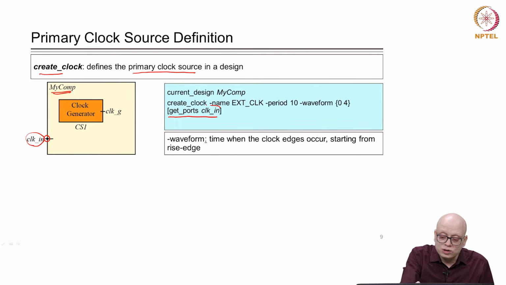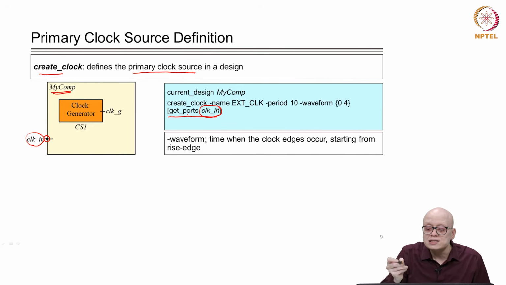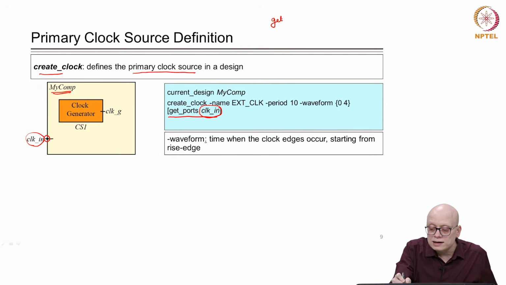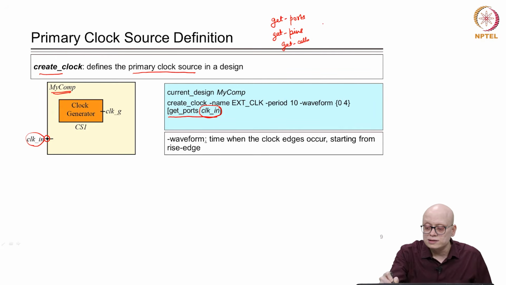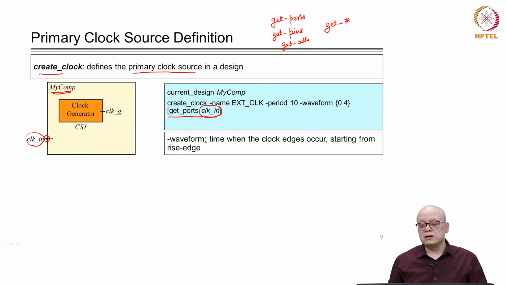clock_in is the name of the port, and we have used the SDC command get_ports. The SDC supports commands like get_ports, get_pins, get_cells, and other get_* commands, where the star is representative of various types of design objects such as ports, pins, cells, clocks and other things.